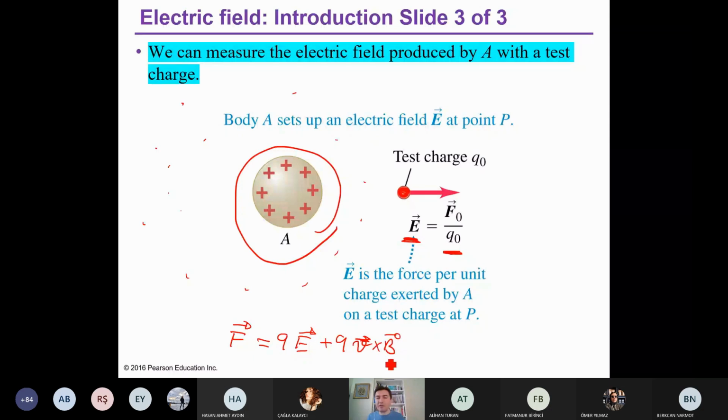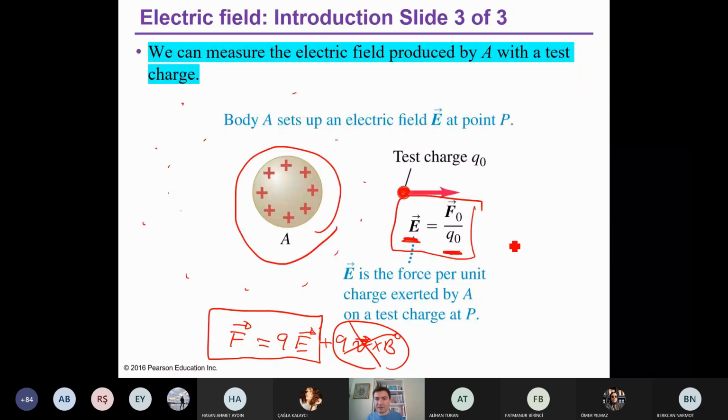Here there is no magnetic field and we are not dealing with this component of the Lorentz force, but look at this one. If you take the force from this equation, you will get this one. You already know this information from your high school years. This is the electric field at point P due to the A ball.